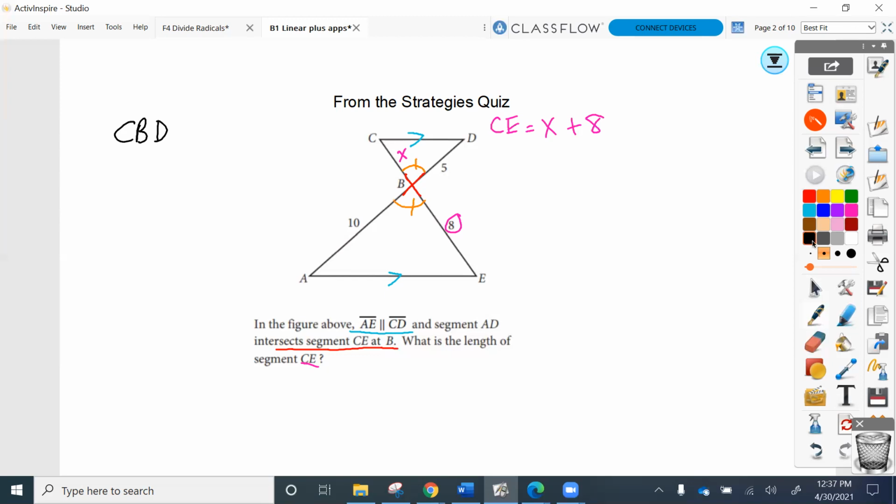So since these lines are parallel here, and let's say this is a transversal, we can say that this angle is the same as this angle because they're alternate interior angles. And what we have left is this third angle.